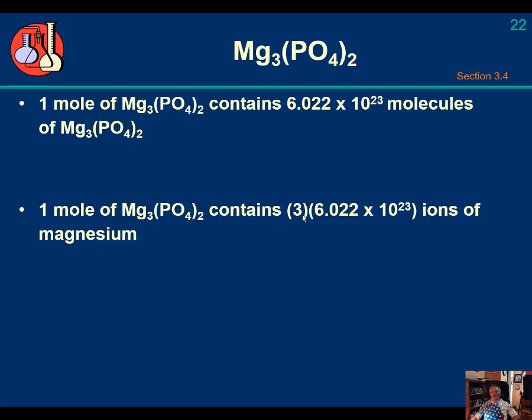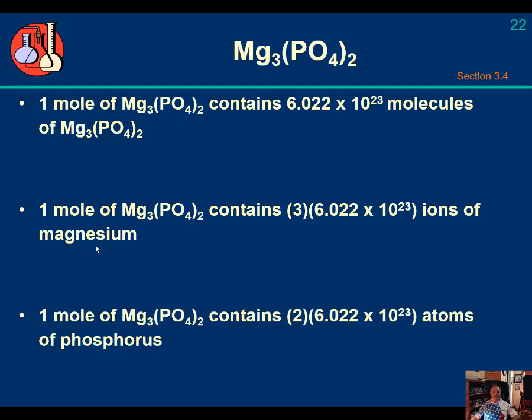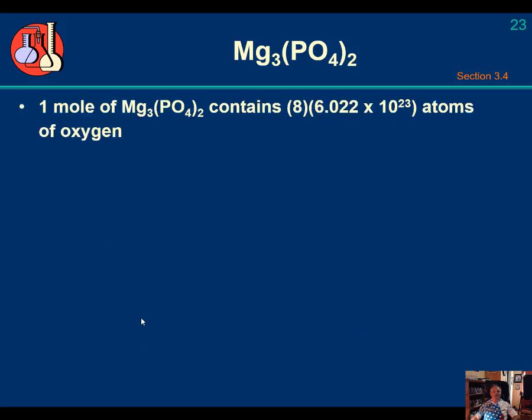So that tells me I've got 3 times Avogadro's number of ions of magnesium. And 1 mole of magnesium phosphate contains 2 times Avogadro's number of atoms of phosphorus, because for 1 mole of magnesium phosphate, I have 2 moles of phosphorus. And every single mole is equal to Avogadro's number. So that's 2 times Avogadro's number of atoms of phosphorus.